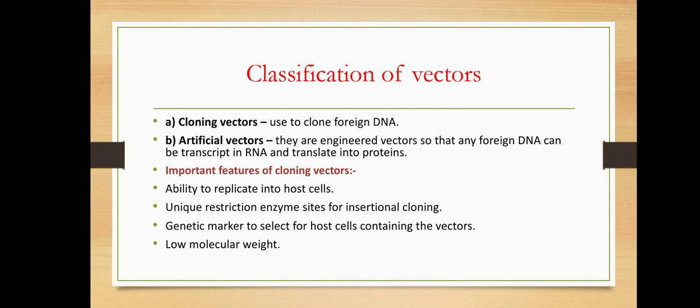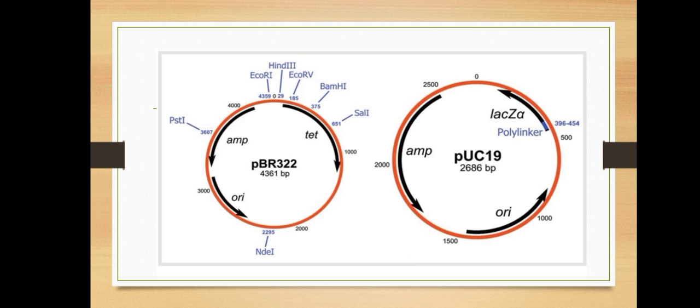Important factors of cloning vectors: ability to replicate in the host cell, restriction enzyme sites for convenient cloning, a marker gene to select for host cells containing the vectors, and low molecular weight.